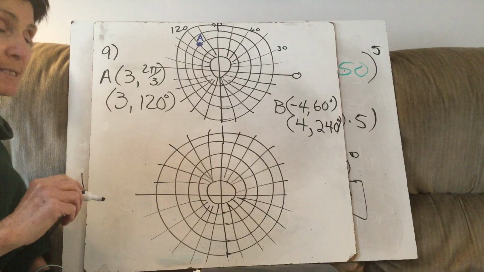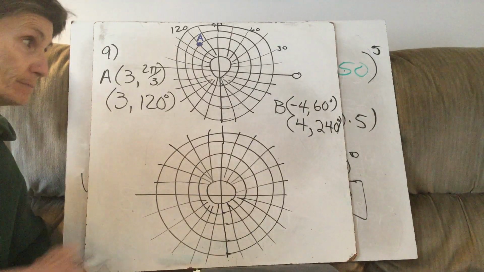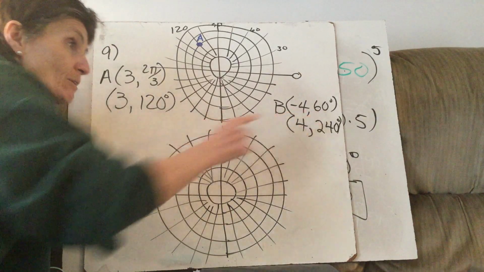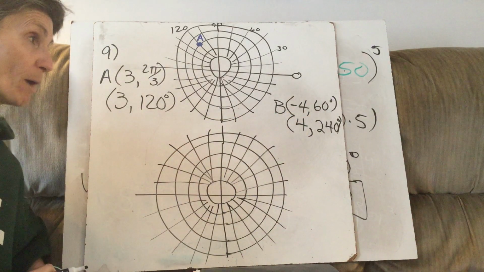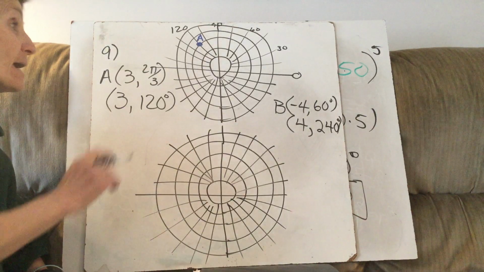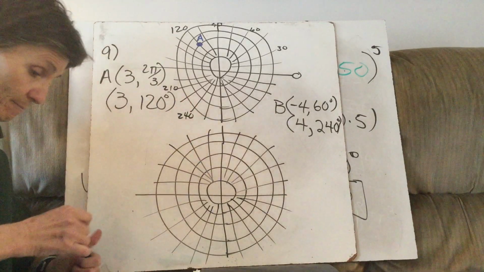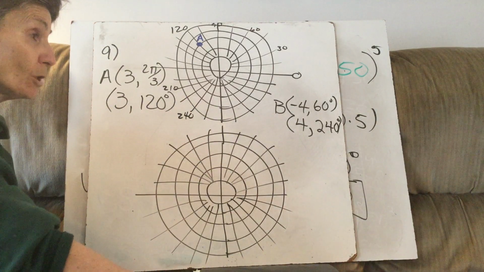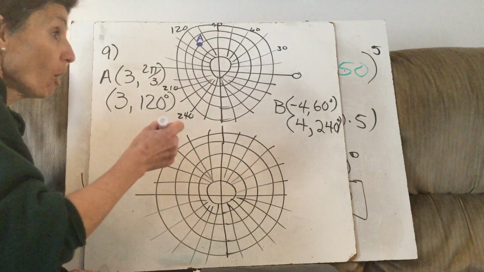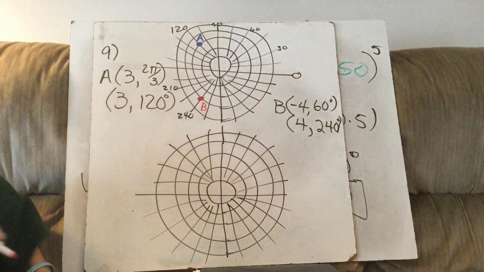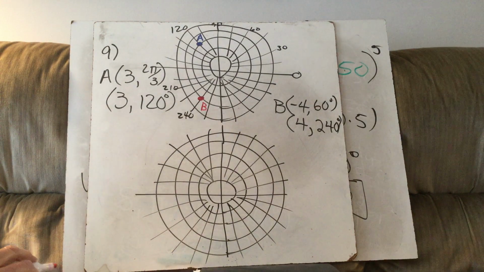When you change the sign on R, when you make that positive, your angle changes by 180. So I'm going to add 180, and I'm going to plot that point then on the 4th circle out on the 240 line. So it's going to be right here, and there is point B. Okay.